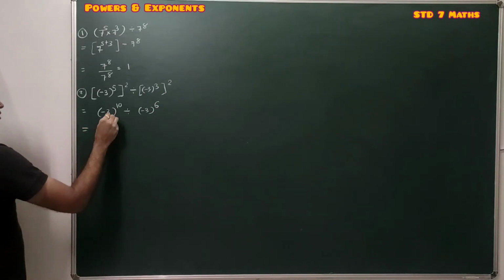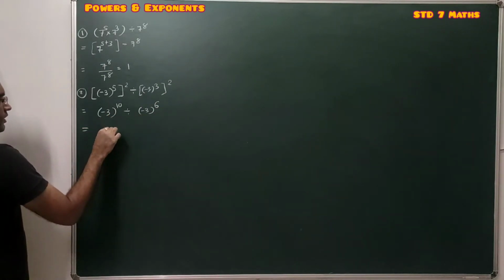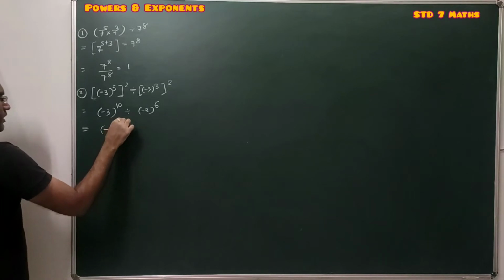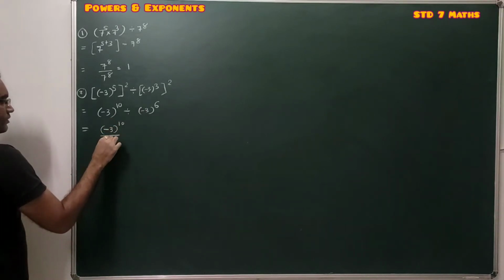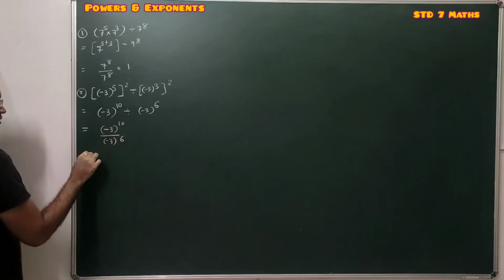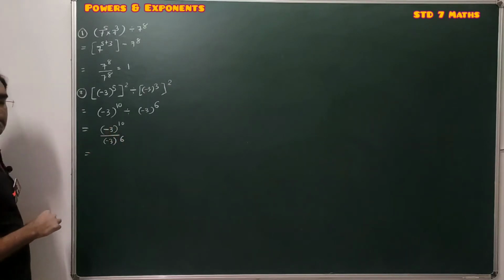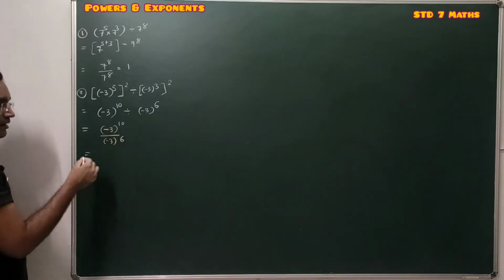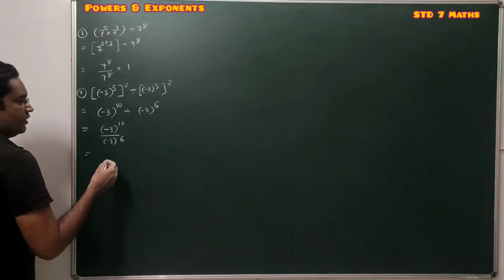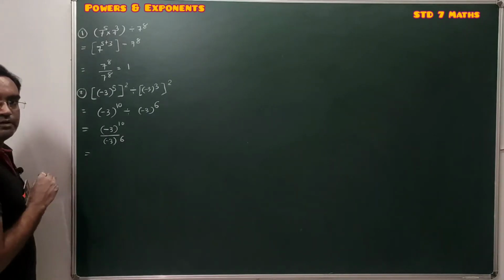Now these two powers are in division with the same base, minus 3, so here we can perform the subtraction of power.